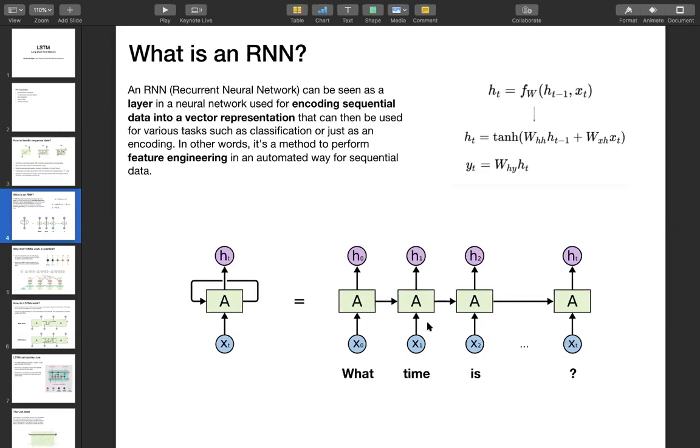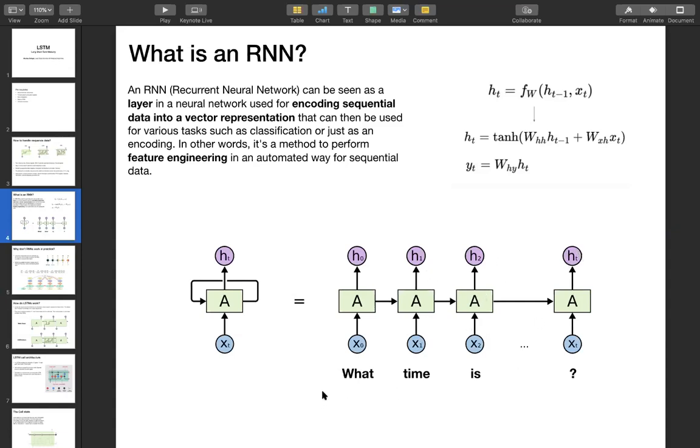However, we don't only use this particular hidden state. What we also use in RNNs is sometimes all of these hidden states. H0 basically represents the embedding for "what". H1 represents the combination of embeddings for "what" and "time", and so on.